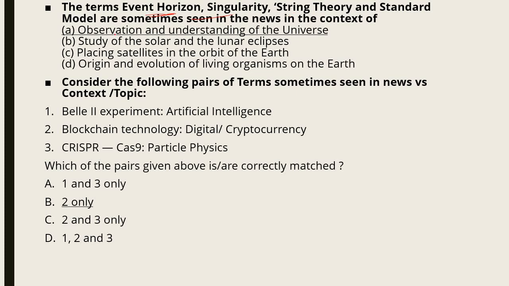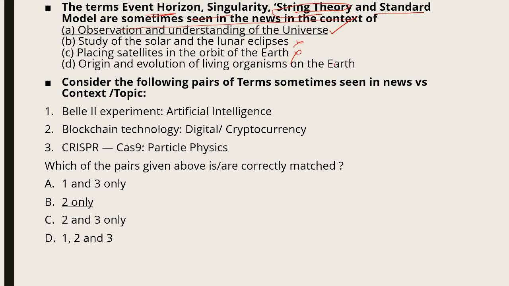Okay, first we'll read this question. The terms event horizon, singularity, string theories, which we discussed, and standard model of physics are sometimes seen in the news in the context of observation and understanding of the universe. This is the right answer. Okay, and we'll see the other options also. Study of the solar and lunar eclipse, we didn't discuss anything about that. Placing satellites in orbit, no, we didn't discuss anything about these topics.